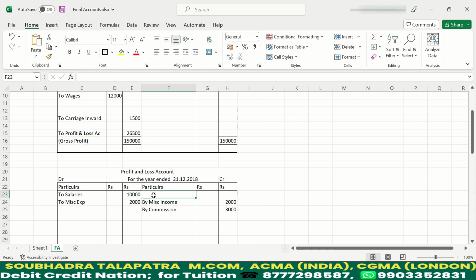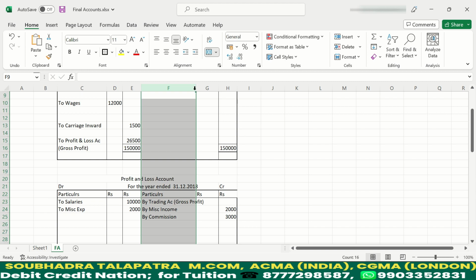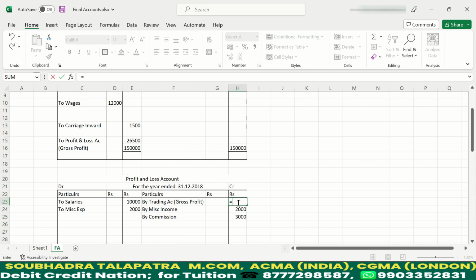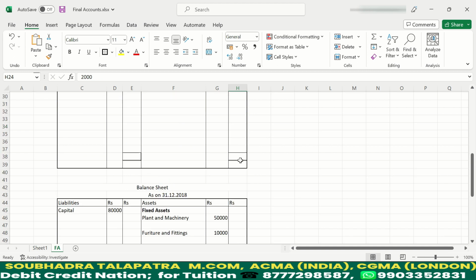And here I'll call it trading account, within brackets, gross profit. So I'll bring in the same figure here. Okay, now I'm putting another sum here.